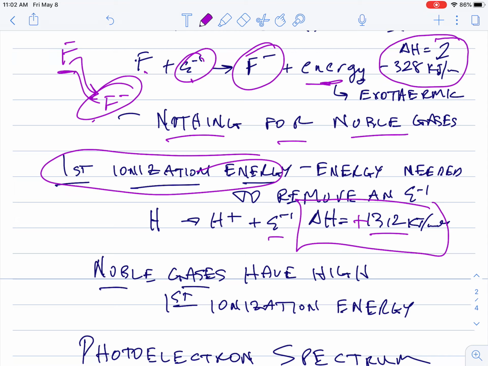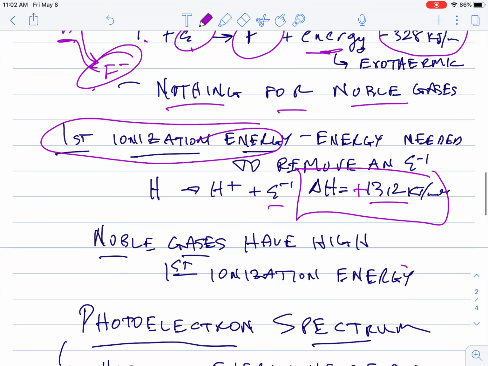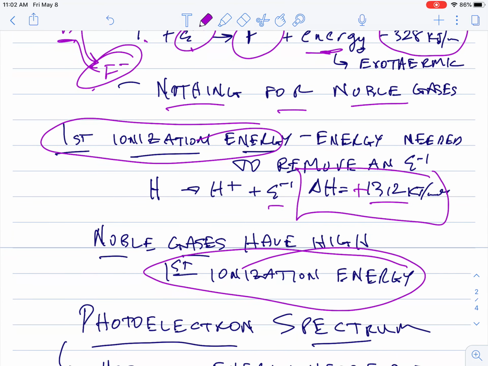Now, here's where the noble gases kick in. Noble gases have extremely high first ionization energies, mainly because they have all 8 game pieces. They're the big winners. They're going to get the trip to Hawaii, although no one wants to fly to Hawaii now because of the coronavirus. But hypothetically, you could fly in your own private jet.